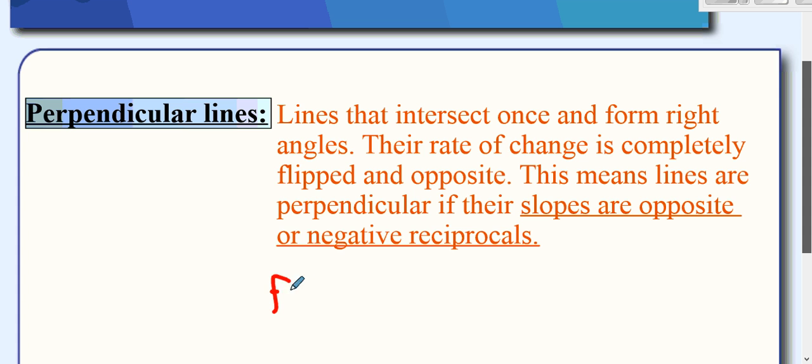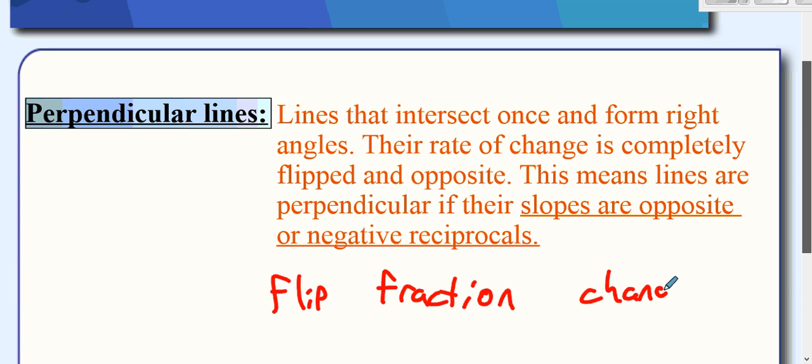So you flip the fraction, and you change the sign. And that's how you know that two lines, just by looking at their slopes, are perpendicular if the fractions are flipped and the signs are changed.